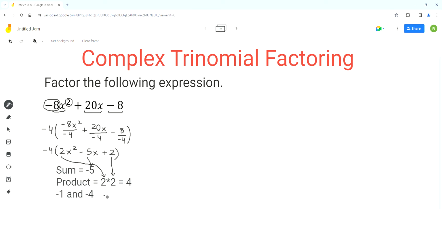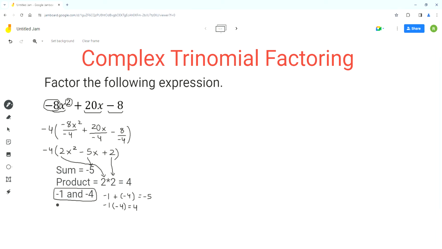So negative 1 plus negative 4 is equal to negative 5, and negative 1 times negative 4 is equal to positive 4. So that means these 2 numbers will work for us.